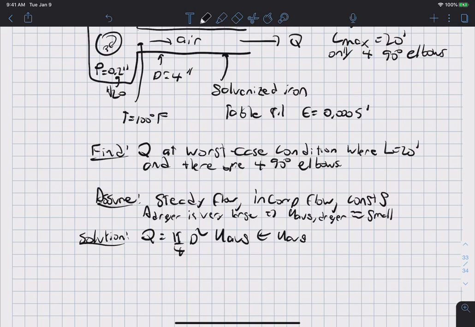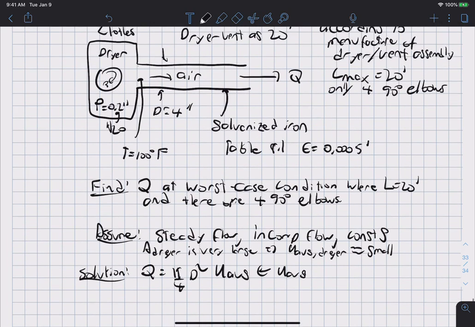That's the same sort of tank argument: the velocity in the dryer is very small compared to the velocity in the duct, which means we don't need to account for the kinetic energy in the dryer.